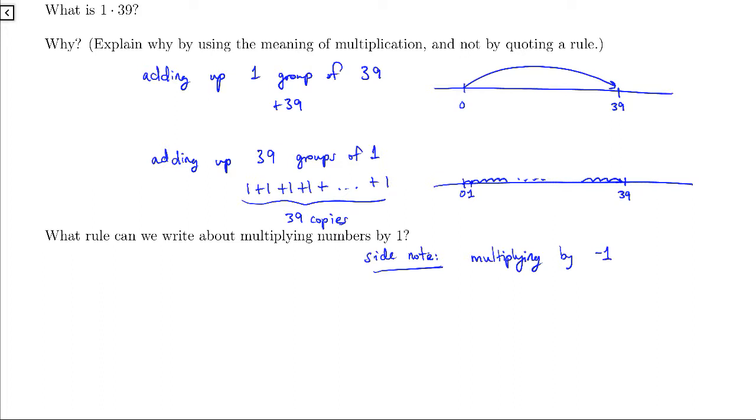If you want to think about what it does to multiply by -1, -1 times 7 would be -7, and -1 times -4 would be negative times negative is positive, so that would be +4. How are these numbers related to each other? They are opposites.